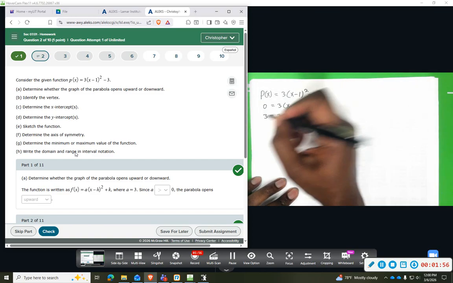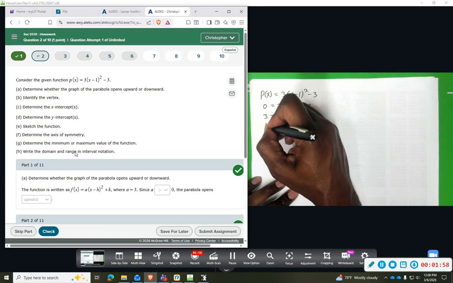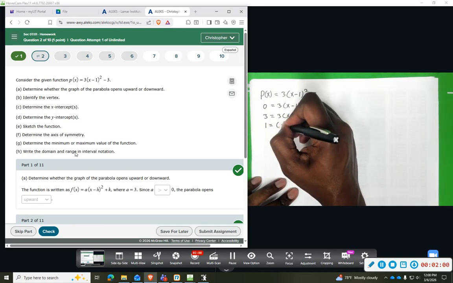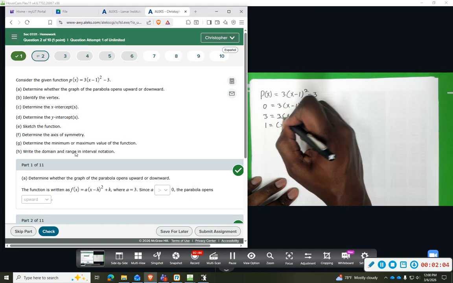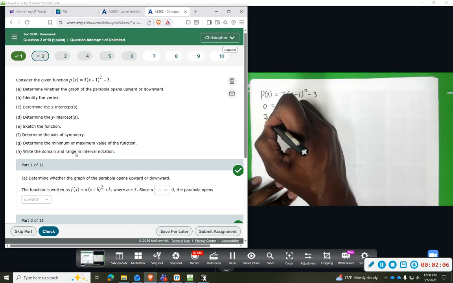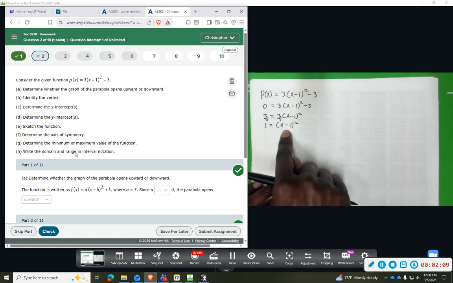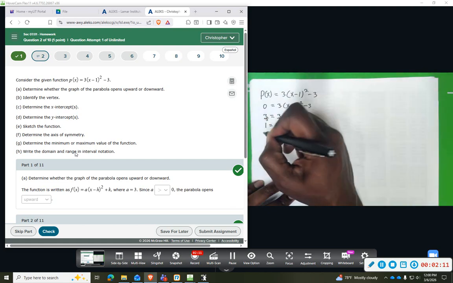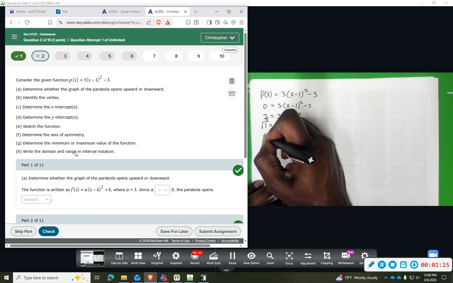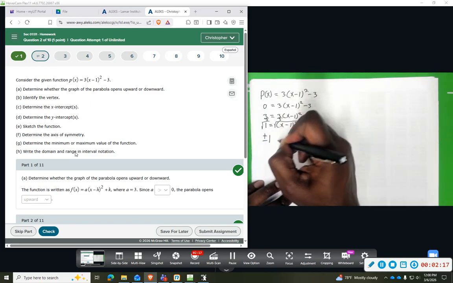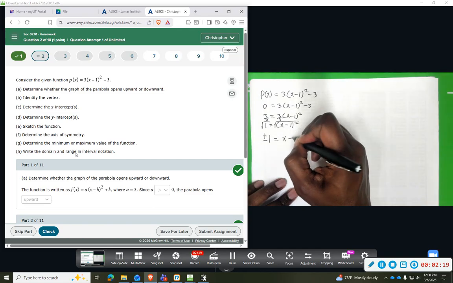Divide by 3. So 3 divided by 3 is 1. That's this 3 right here, divided by 3 on both sides to get this by itself. Trying to isolate x, take the square root to get rid of the square. So that gives us plus or minus 1 equals x minus 1.